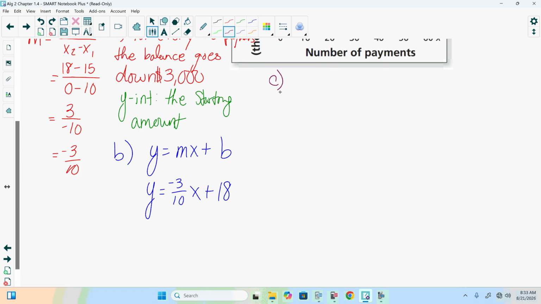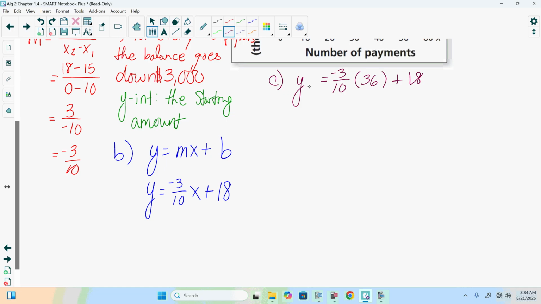Last part. What is the remaining balance after 36 payments? Each payment, yes? Well, it goes down 3,000 for every 10 payments. That would be 3 times, yes?